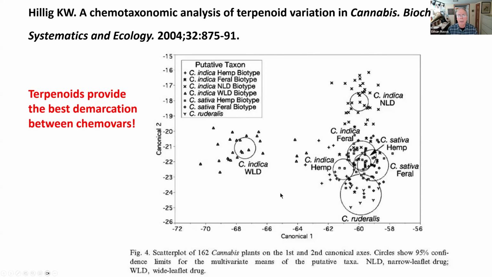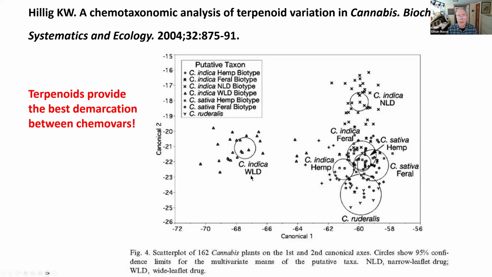Carl Hillig tried to separate the different types of cannabis based on their biochemistry. And in this study, he thought that terpenoids provided the best demarcation between chemovars, chemical varieties of cannabis.